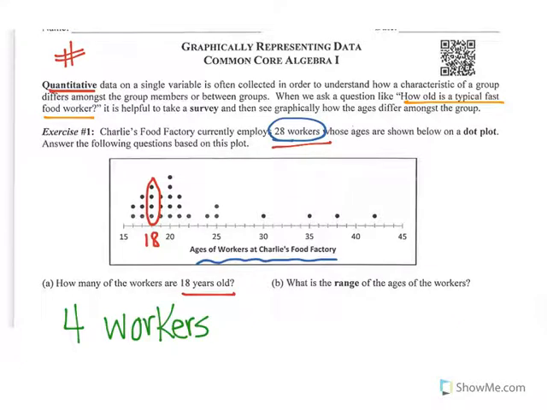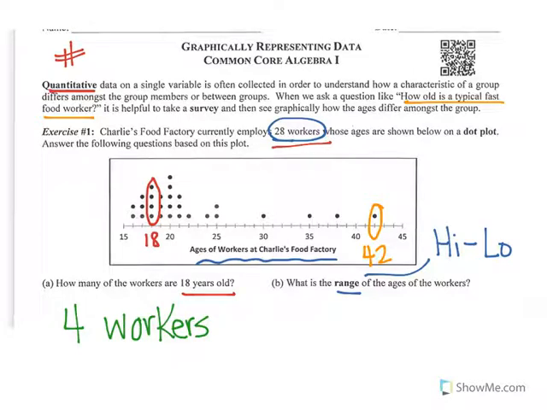Now for part B, what is the range? Now when you remember range, that was a vocab word that we learned. Range is always talking about the highest number in your list minus the lowest. So although our number line goes all the way up to 45, 45 is not the highest number that we're focusing on because there's no dot there. So we're going to focus on the oldest person, which should be 42 according to our dot plot.